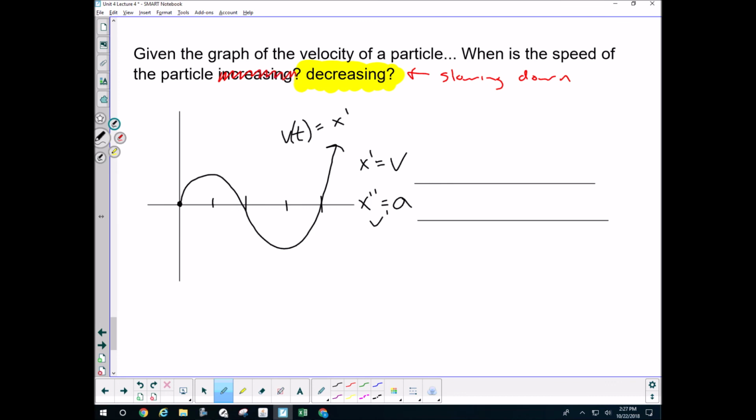You don't have to plot all of the values down. I would look at the zeros for V. I'm starting at a 0. I have a 0 at 2. And I have a 0 at 4.